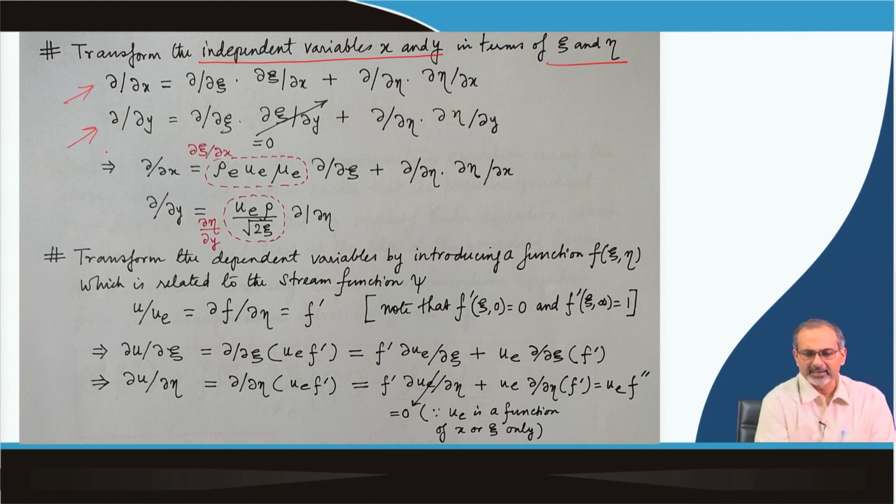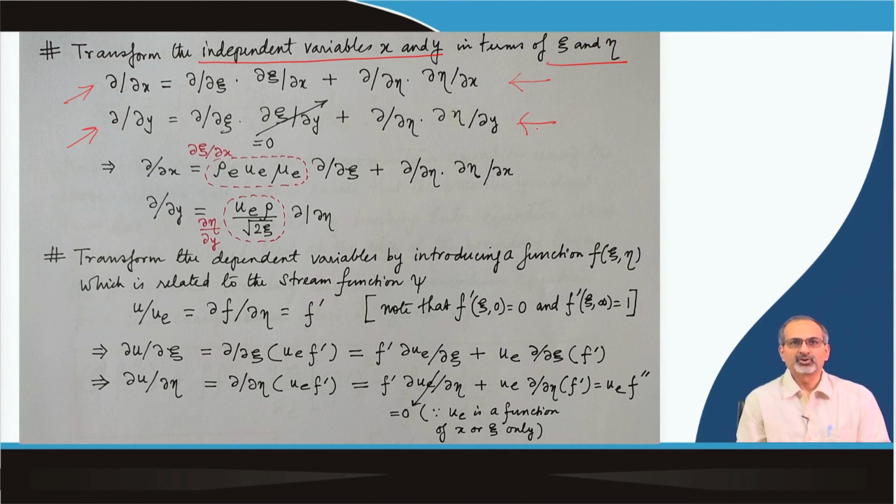Del del x and del del y are now represented using these equations by the chain rule, and we can show easily that del del x finally reduces to a form like this, while del del y reduces to a form like this. One of the terms over here drops out because del xi del y is 0, since xi is purely a function of x.